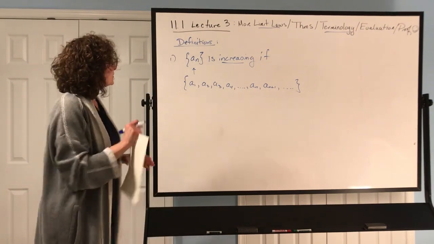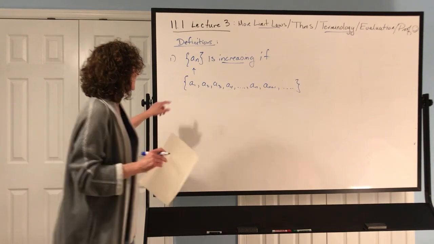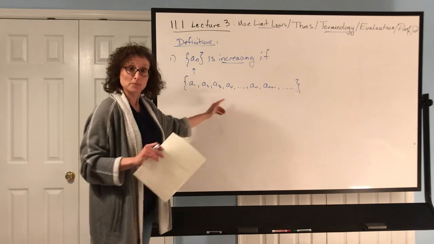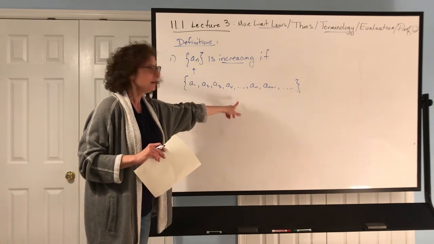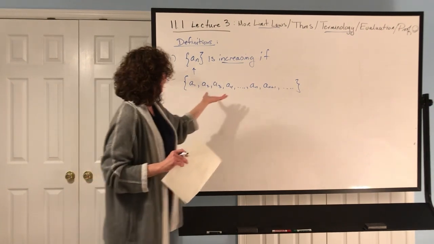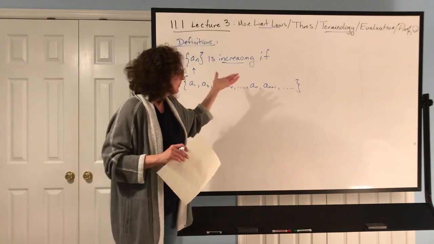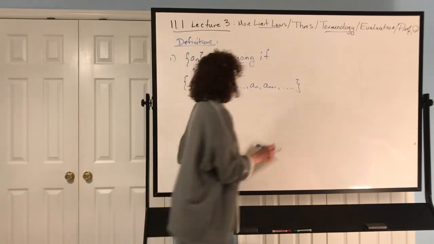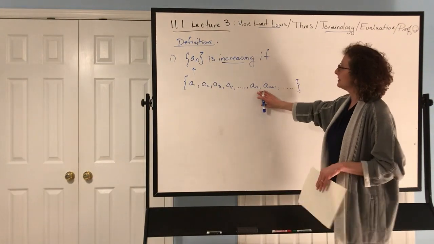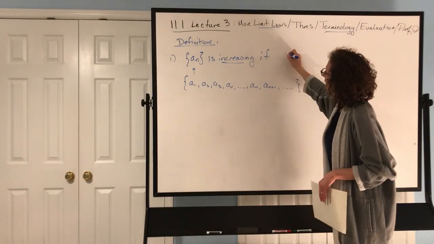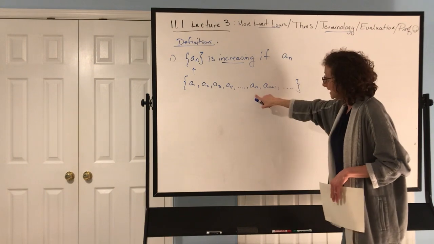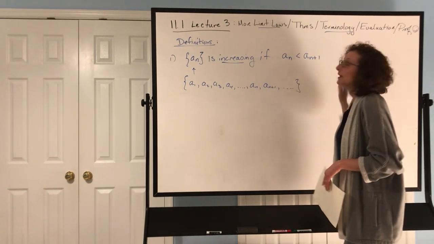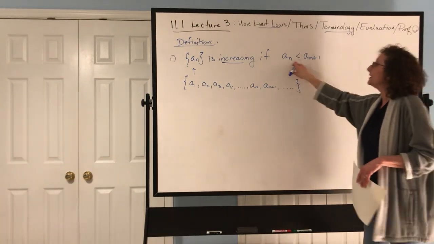Okay, so a sequence is increasing. What would that mean? It would mean that as you move left to right, the numbers get bigger, yeah? Okay, so how do we say that in math terms? If I move left to right, the numbers get bigger. So you tell me: this sequence is increasing if, good, a_n, we're going to say it in general, is less than a_(n+1). Or a_(n+1) is bigger than a_n.